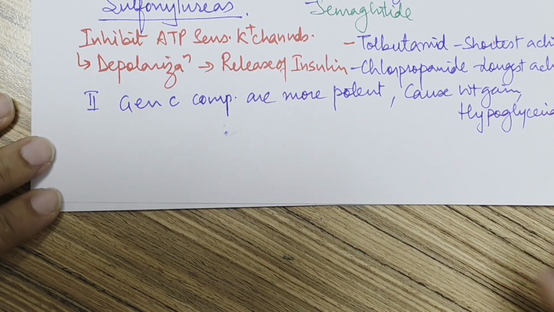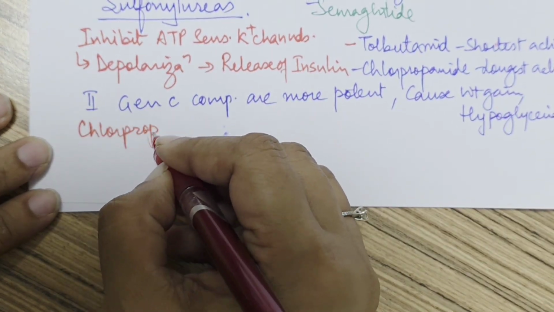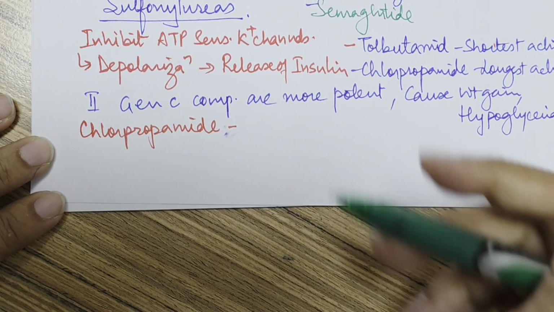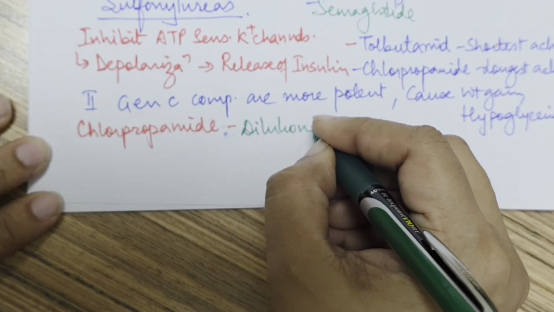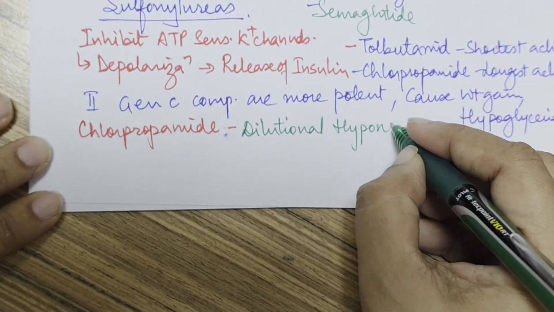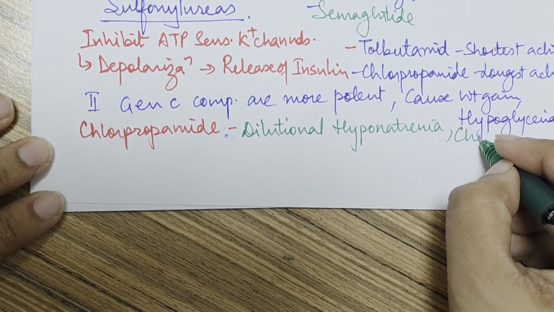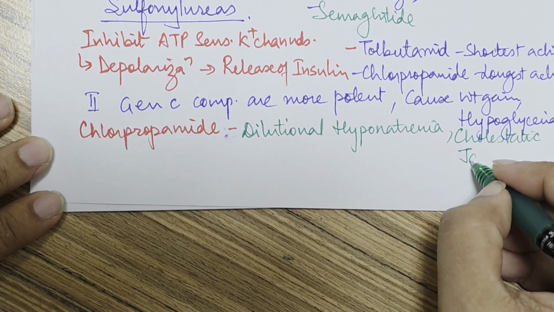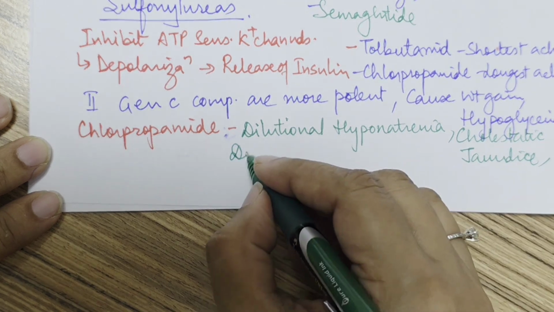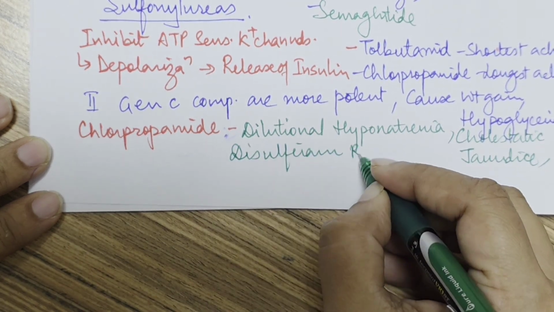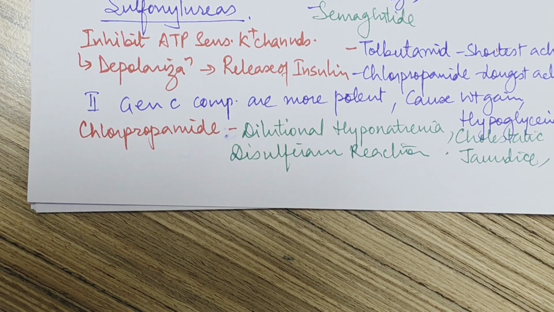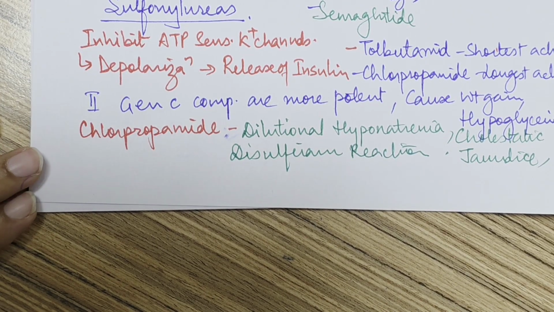Okay, now specific side effects of chlorpropamide, which are very commonly asked as an MCQ also. Chlorpropamide causes dilutional hyponatremia, it causes cholestatic jaundice, and it also causes disulfiram like reaction. Okay, now this is very specific to chlorpropamide, so please remember this.